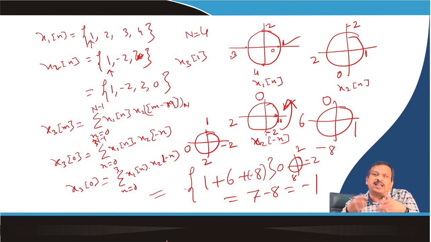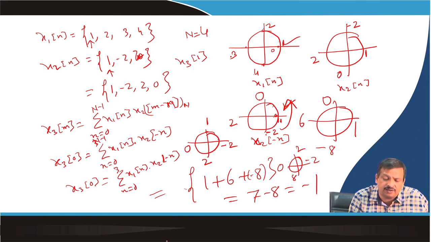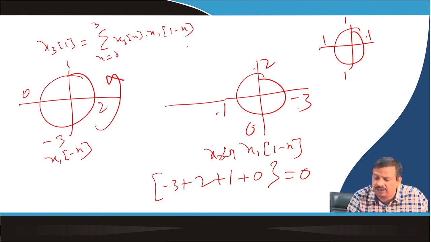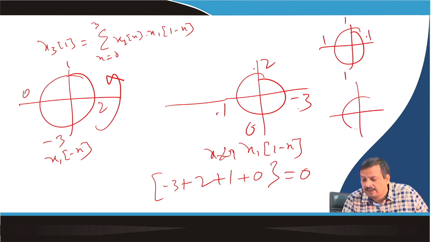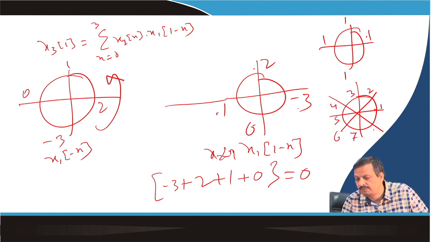So, that way you can calculate the circular convolution for any sequence. I can calculate for an 8-point sequence also. If it is an 8-point sequence, you have to think this is my circle. So, this is 1, 2, 3, 4, 5, 6, 7, 8.